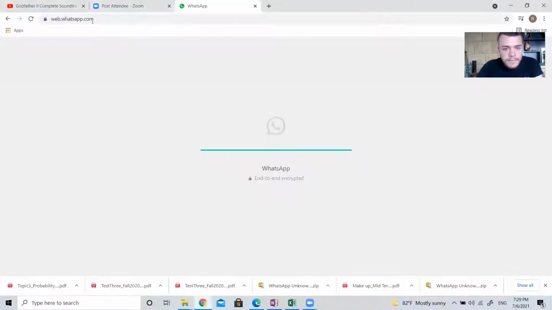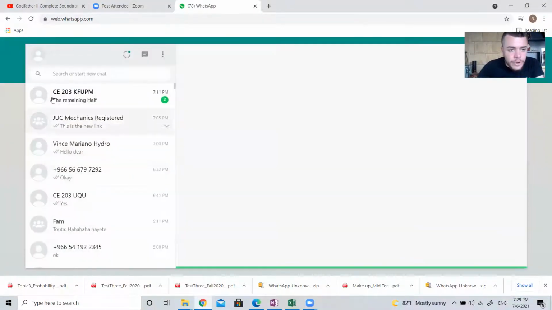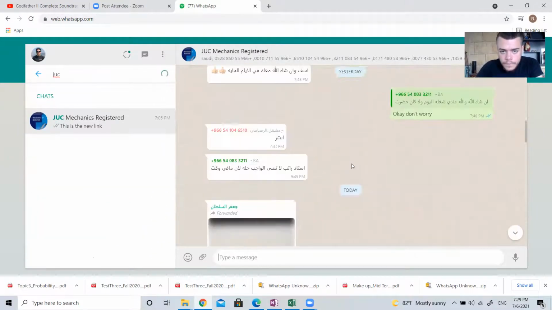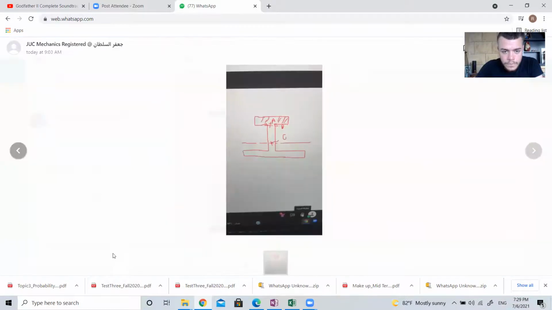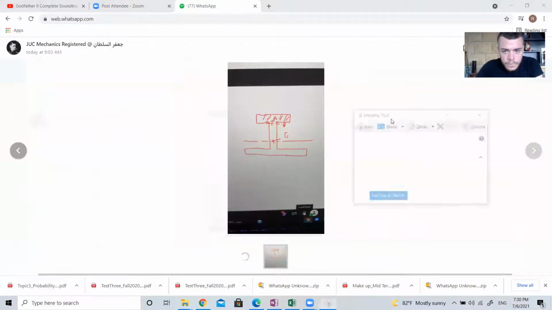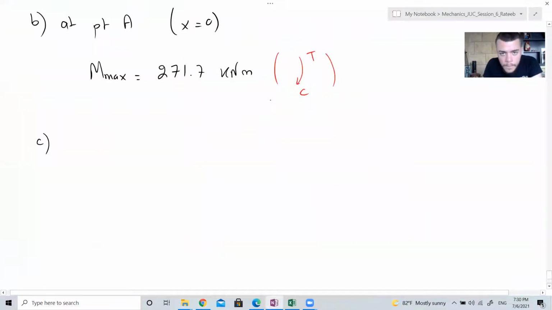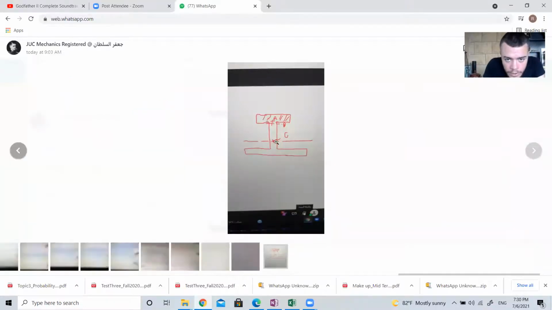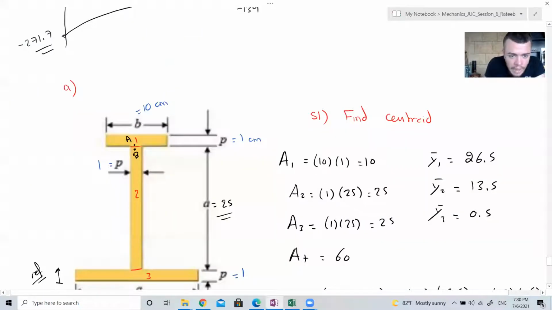البوينتس A, B and C. ف this is for this question. شو اذا تطلعوا هون: point A is here just above, point B is here just below, and point C is on the neutral axis.